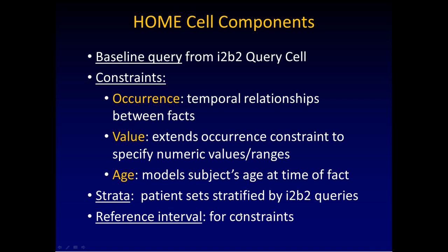So for example, by doing a query of all African American males or white females, we can identify subgroups, and then we can cross the health outcome that's being measured with those subgroups to look at the health outcome within those subgroups. And I'll show you how we do that in a second.